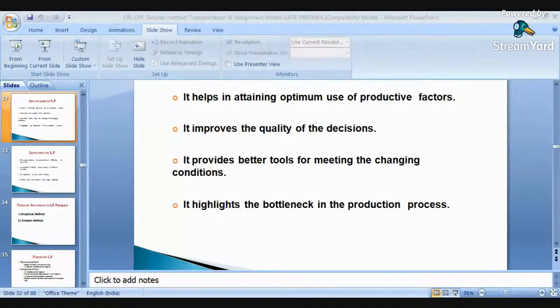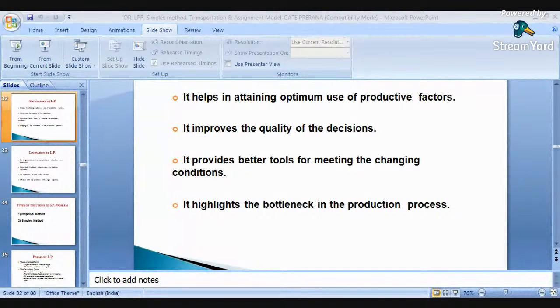In the stepping stone method, only one cell is considered at a time, whereas in the modified distribution method, all the cells under consideration are considered simultaneously. Therefore, it can reduce the time which is being required. And normally we use the modified distribution method.